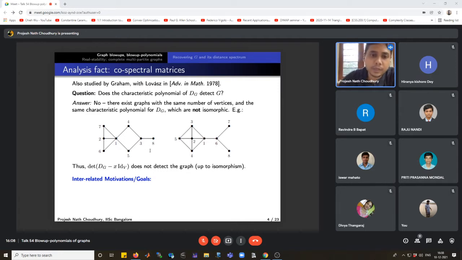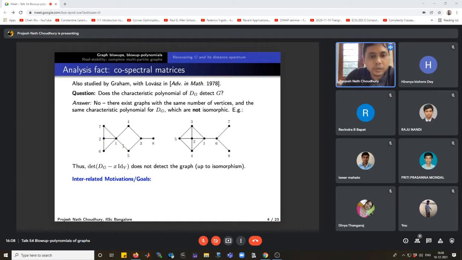So the distance matrices are of the same size and the characteristic polynomials are of the same degree. The characteristic polynomials for these two graphs agree, but these two graphs are not isomorphic. For example, the vertex 2 here is of degree 4, but there is no vertex of degree 4 in the first graph. So in particular, we can conclude that the characteristic polynomial does not detect the graph.